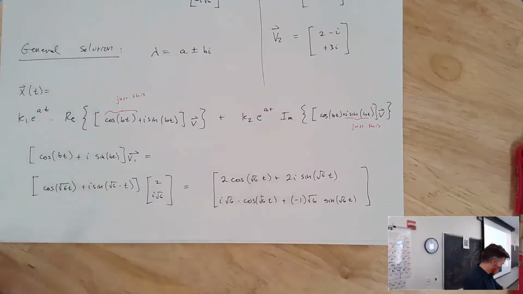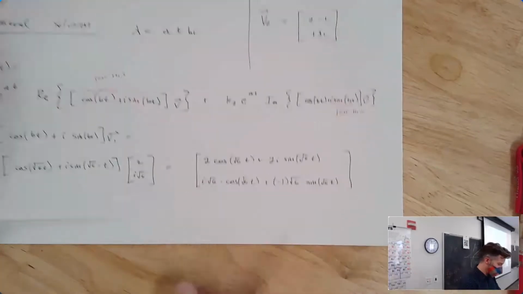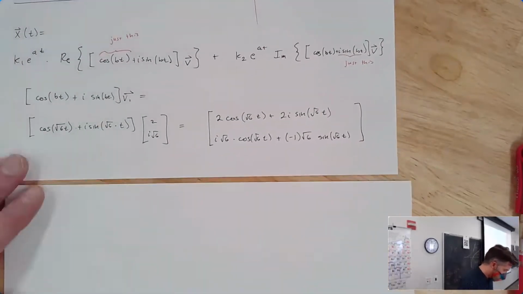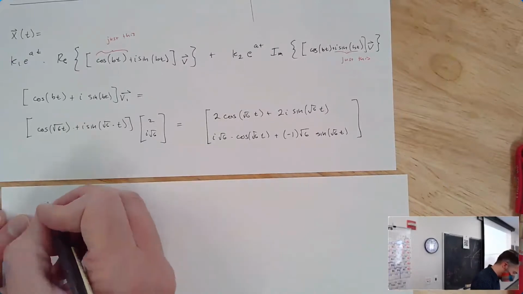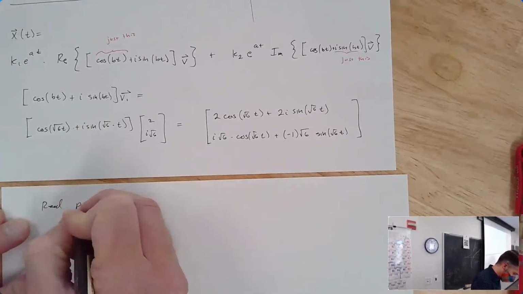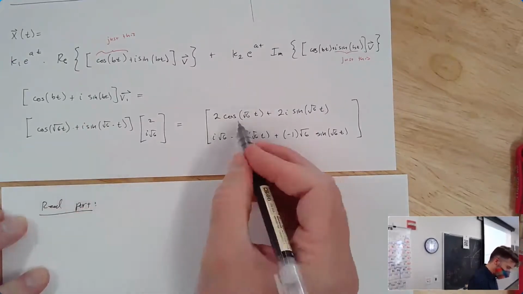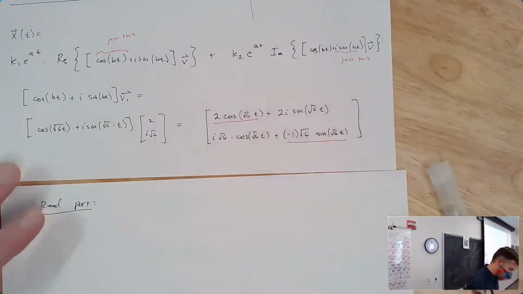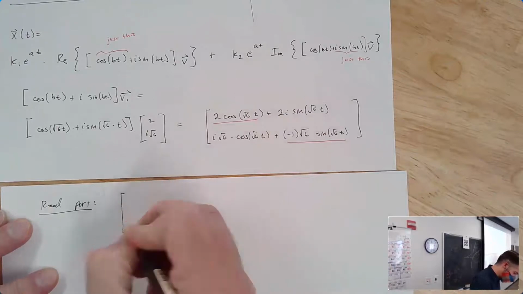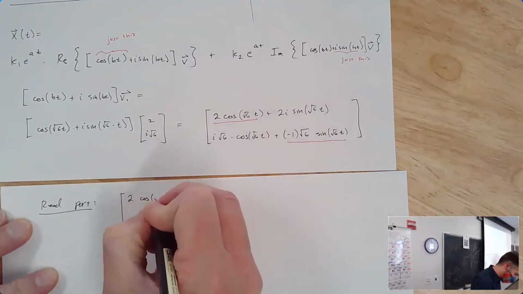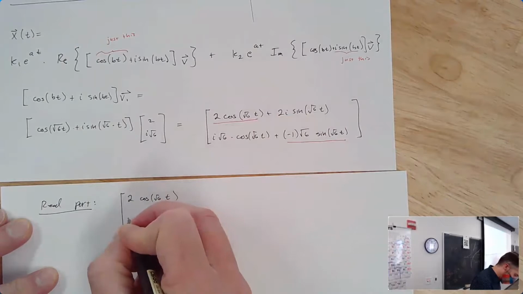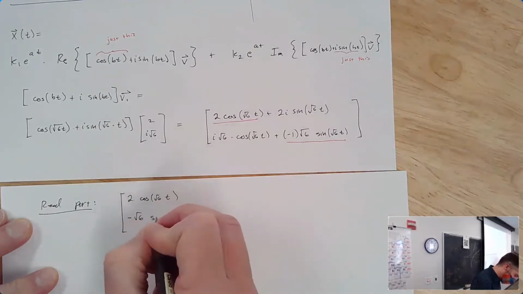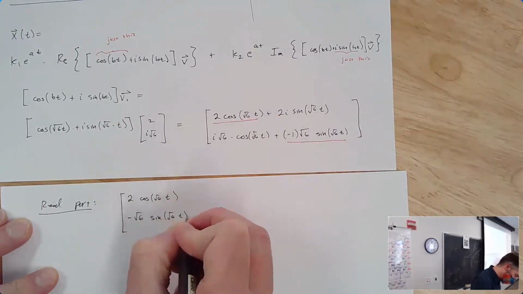So here's what we're going to do. The real part of this is that and that. So the real part is 2 cosine of root 6t minus root 6 sine of root 6t.